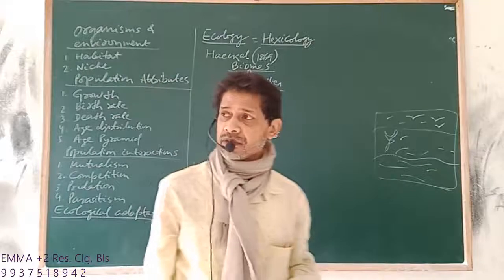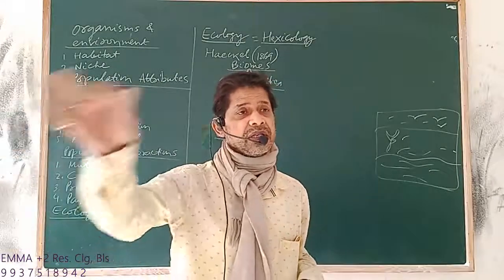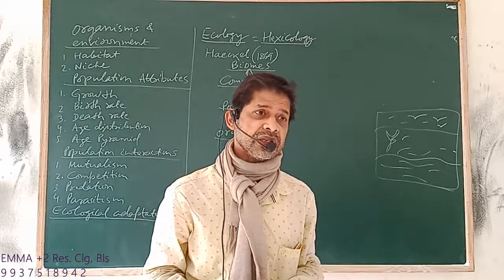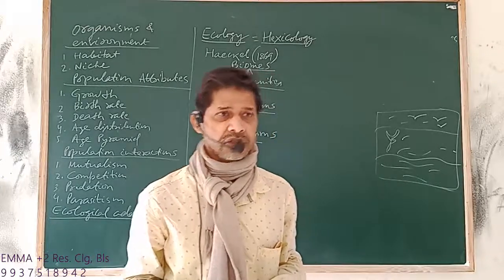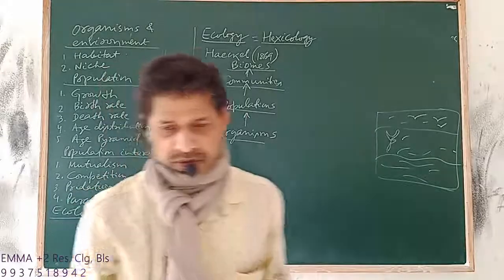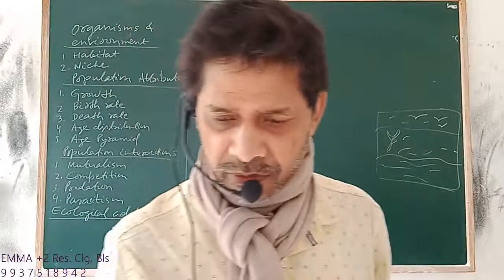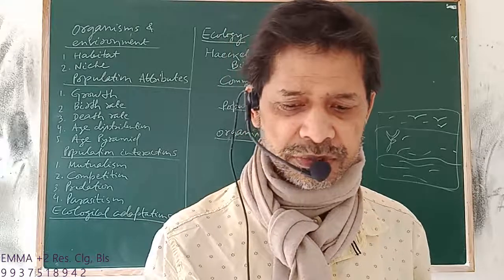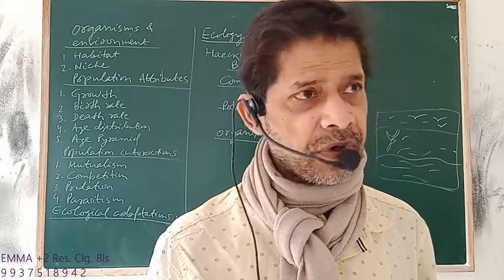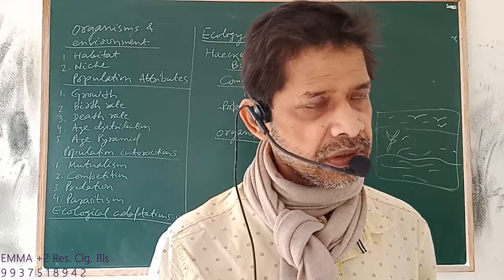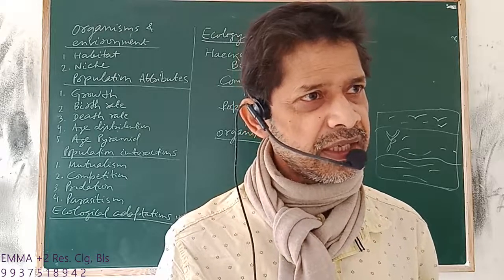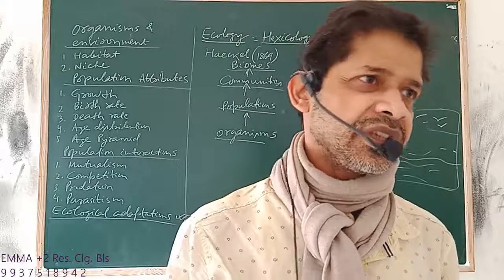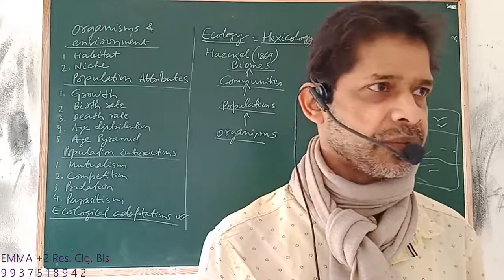So what is a biome? Biome is a large geographical area having distinct climatic conditions. Examples of biomes can be temperate deciduous forest, rain forest, ocean. That means these are geographical areas where the climatic condition is distinct, specific.